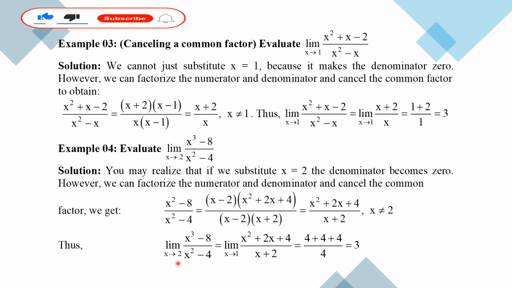This is a reduced fraction. Apply the limit x equal to 2: 2 square is 4, 2 into 2 is 4, plus 4, so 12 upon 4 becomes 3. So the limit as x tends to 2 of x cube minus 8 over x square minus 4 is equal to 3.